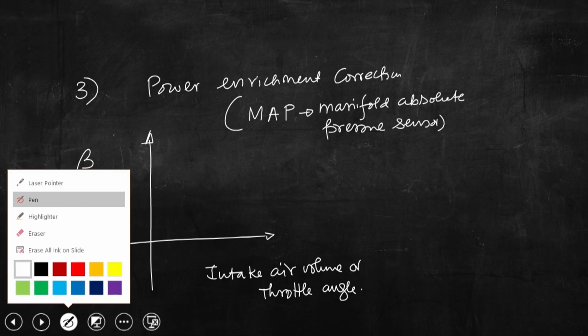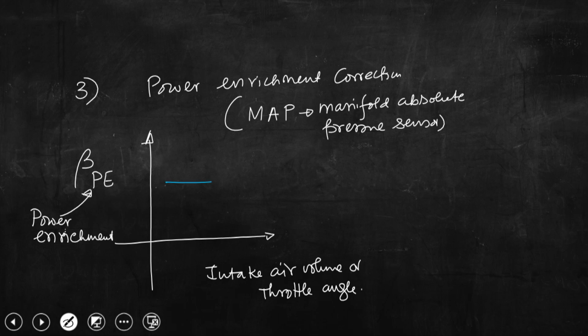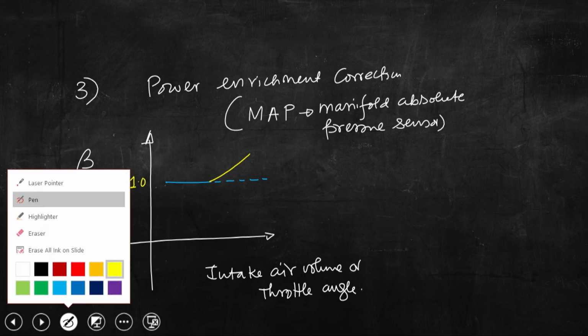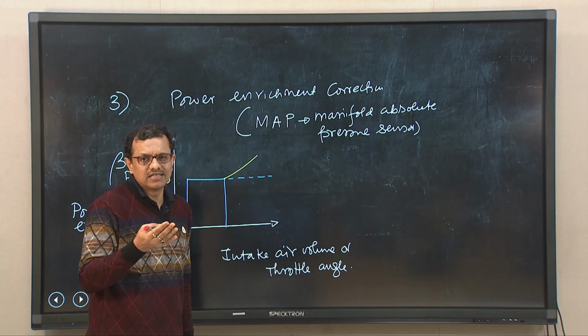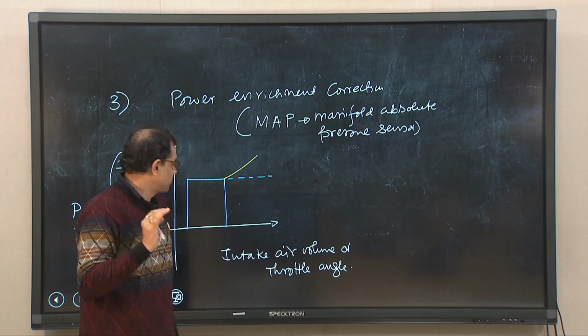If we draw the curve, so this is 1, and what we can see is that this is the reference, correction factor 1, which means no further correction is needed. So, it is fine.